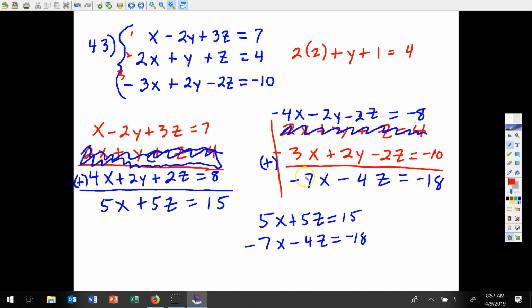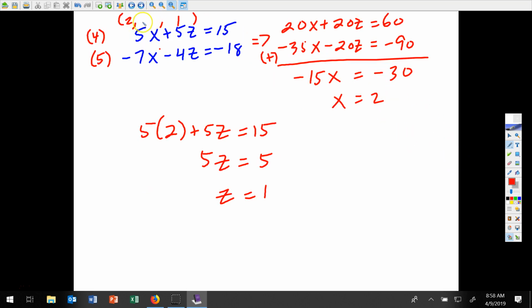Using this middle equation, we're going to find y. So 4 plus 1 is 5. So we're going to be subtracting 5 from both sides, and so we get y is negative 1. So this is the way your answer will be written. Ordered triple. Any questions so far?